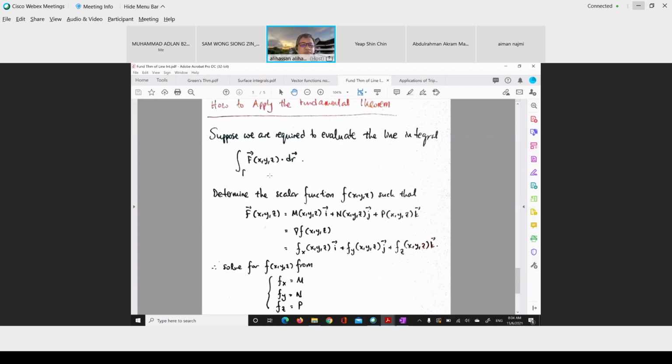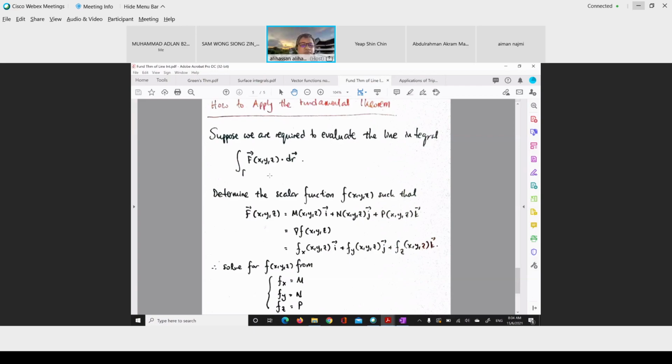It means that the region lies to the left when we traverse the curve gamma in the counterclockwise direction.